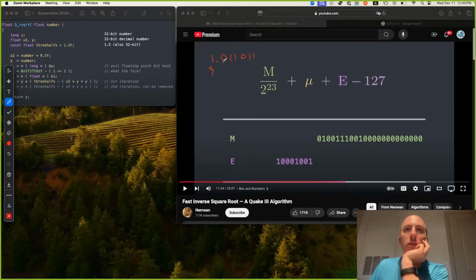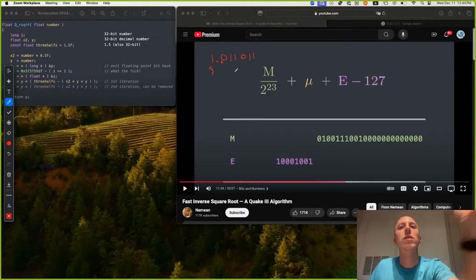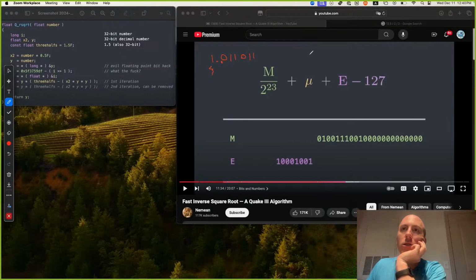So the mantissa by itself, you're going to put a decimal place. The mantissa itself should be between 0 and 2. But if you subtract 1 from this, then you just chop a 1 off of it.